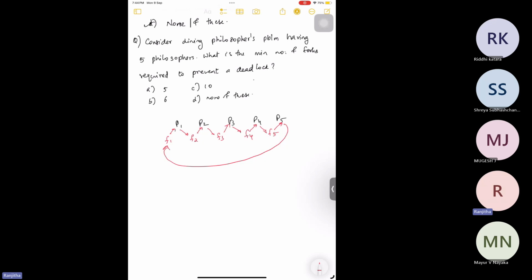Now for us to stop the circular wait, if we just place one more fork here, will this solve the problem?